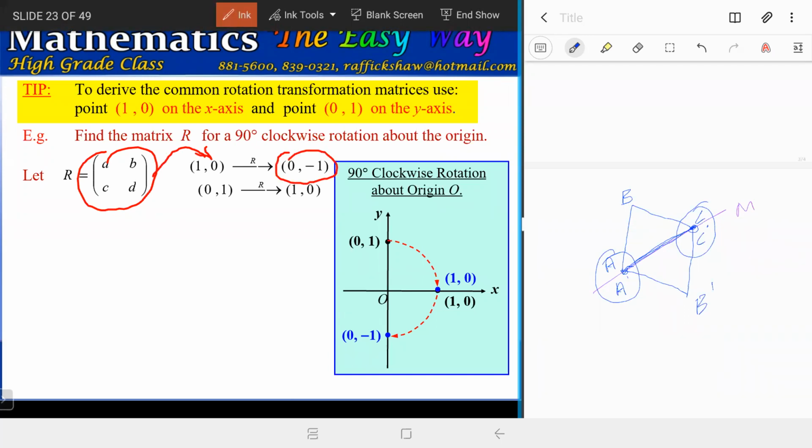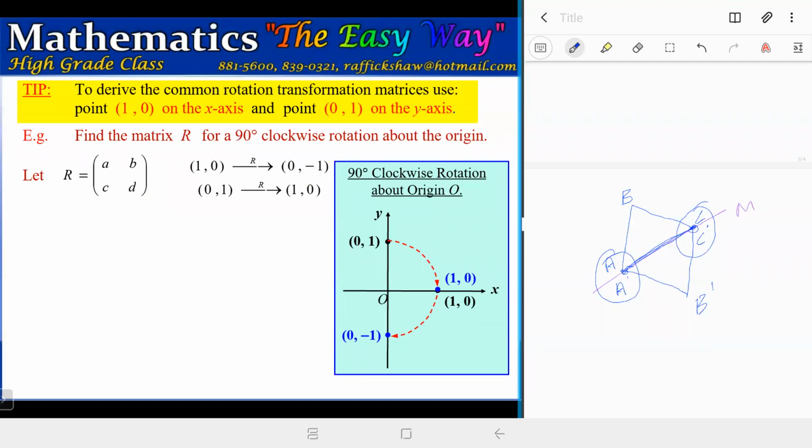And again, the matrix multiplied by this point is equal to this point. That's how you apply the reflection matrix, the rotation matrix, the enlargement matrix. 2 by 2 transformation matrices are applied by multiplying them by the point. That's how you apply them.